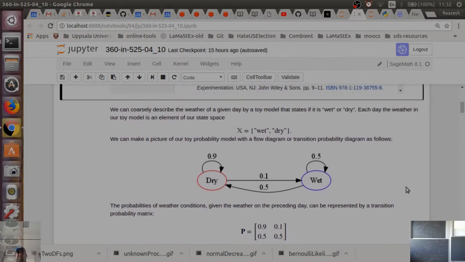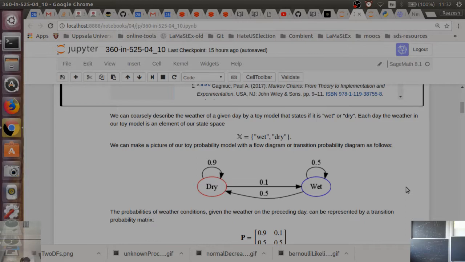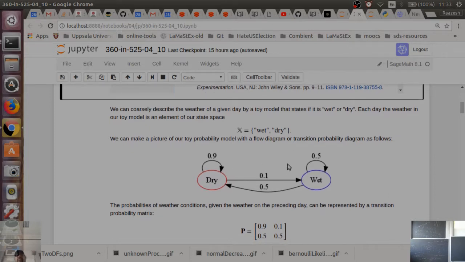So here's our little example now in a more tight notation. That's in sync with what we've been doing before. So our state space, what values the sequence of random variables can take, is wet and dry. We can call it 1 and 0, and this is basically the flow diagram for us.